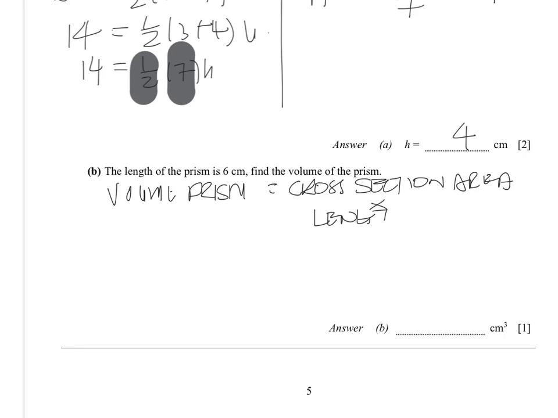In this case, the length is 6 cm, so it's equal to 14, which is already given to you, the area of the trapezium, multiplied by 6. That will give you 84. Very direct.